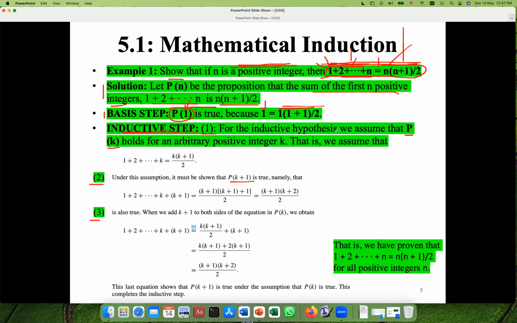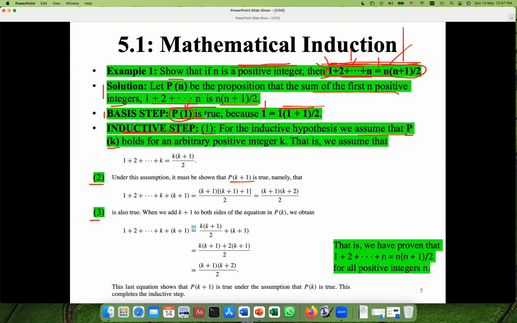So for the inductive step, now we are going to assume that P of k is true for an arbitrary integer, or for any integer. Arbitrary means random. If you are writing this problem as a good answer, you have to write it first. We assume that P of k, for example, in the basis step, you said P of 1 is true.